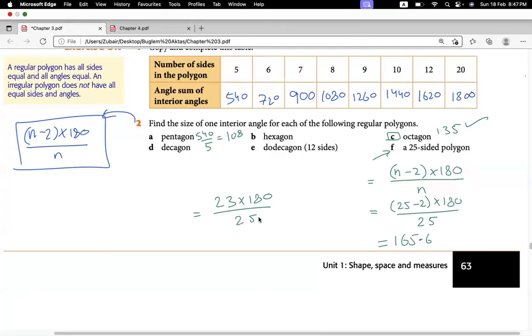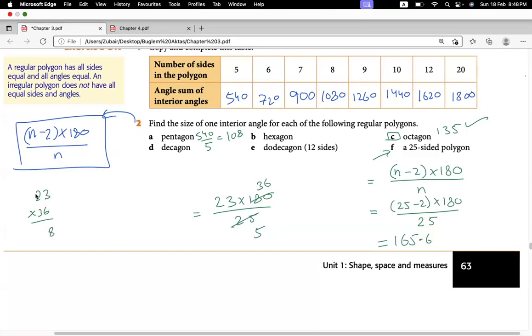So 5, 5 times, 5, 36 times. Now 23 is a prime number and 36 is even, 5 is odd. Now we're not left with a choice and we have to go through long division and multiplication.